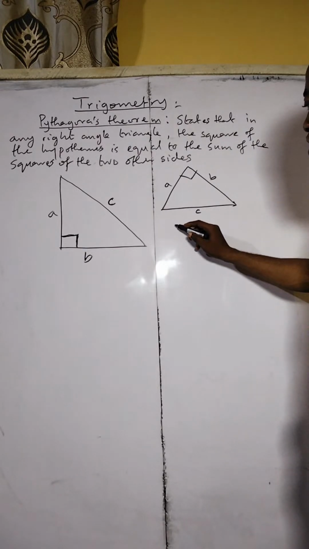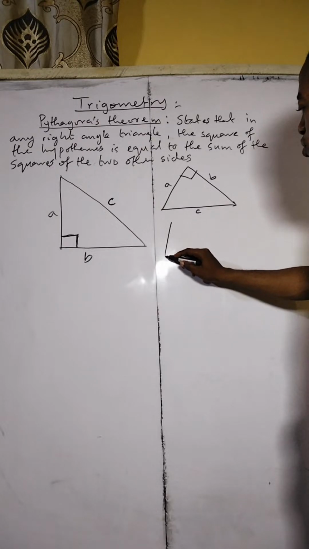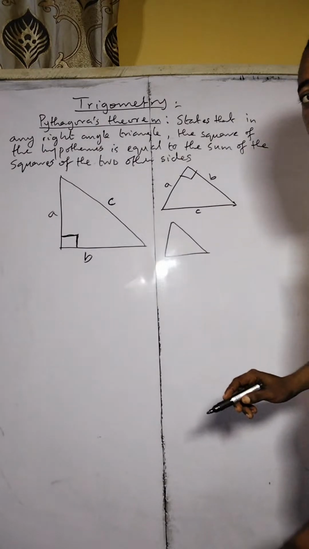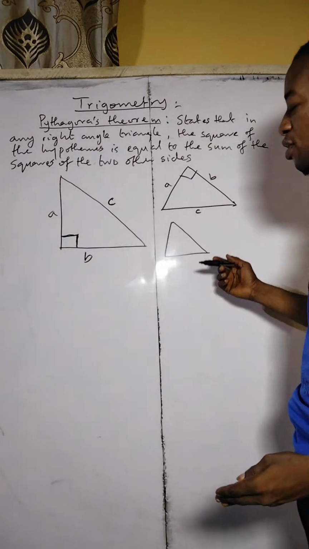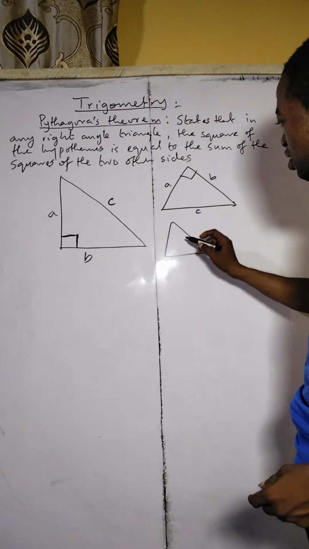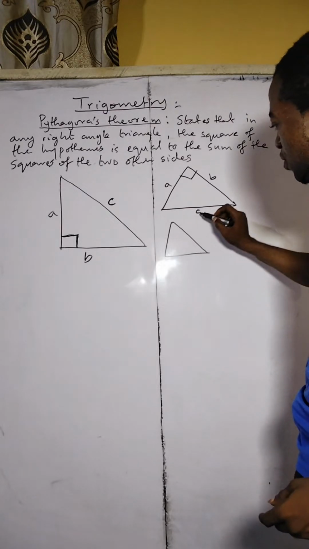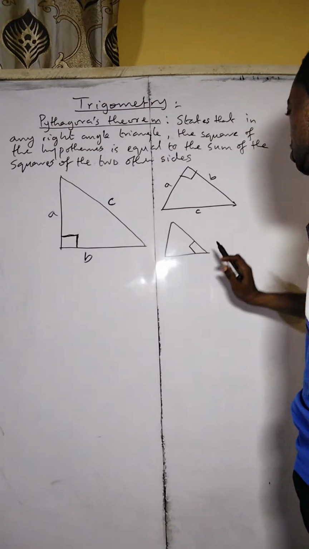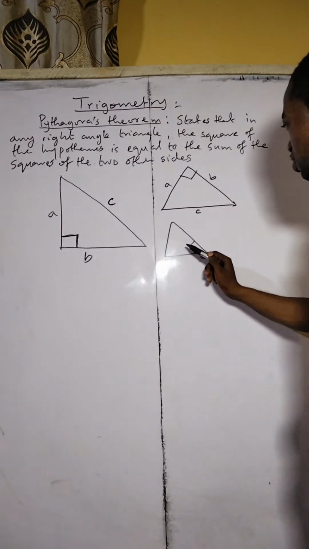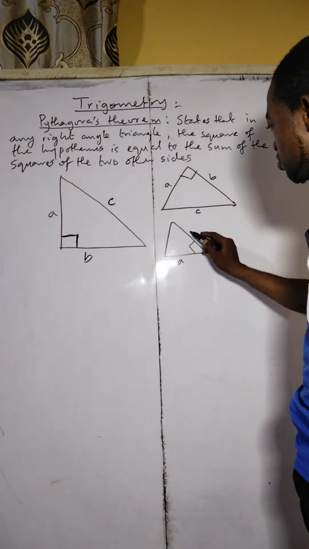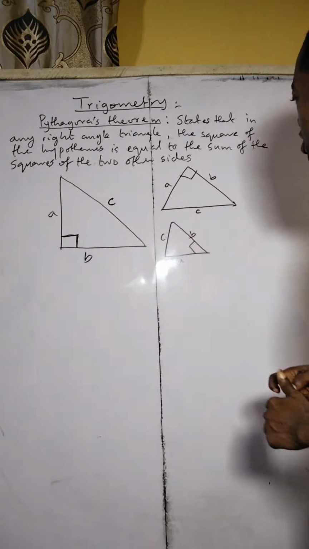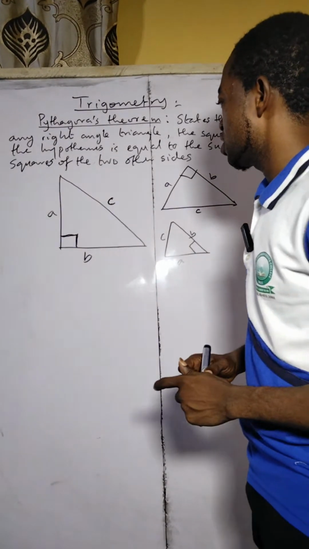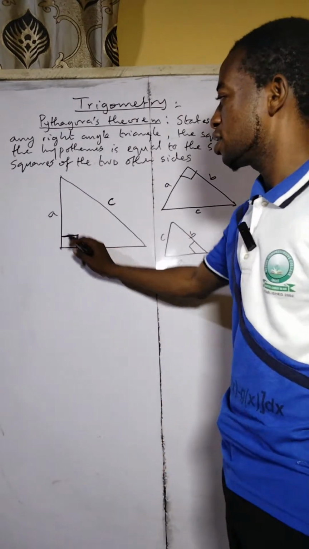It doesn't matter whether it is the longest side or not; in as much as we have the 90 degree angle, the side facing it is the hypotenuse. So C here is the hypotenuse, and A and B are the two other sides.